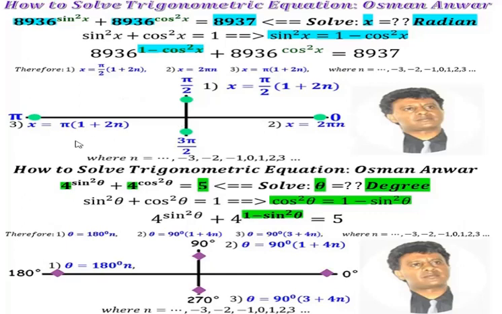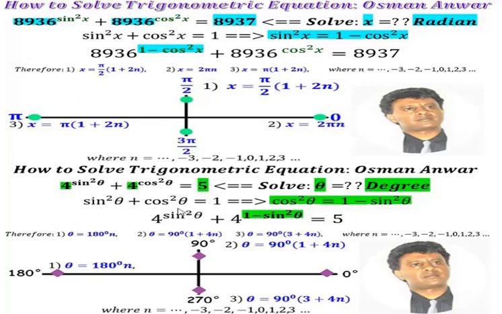Okay, so now in this solution, the first solution is x equals pi over 2 times 1 plus 2n, which is pi over 2 and 3 pi over 2, and they are coterminals. In the previous, solution number 1 was theta equals 180 degrees n, which was the coterminal of 0 and 180. In this video, number 2 was x equals 2 pi n, which is the coterminal of 0, 360, and so on.